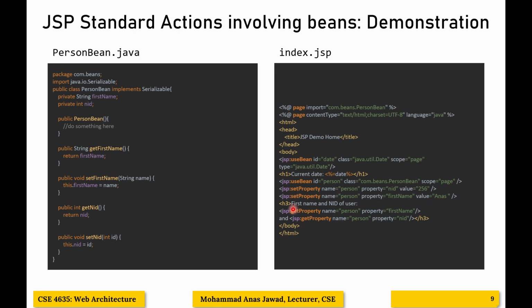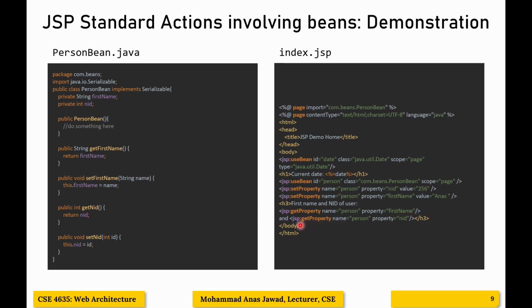Finally, we are using this h3 header tag to print the value of the firstName and NID of this particular user. For that, we are simply using the JSP getProperty action tag. Inside this getProperty action tag, we have defined name equal to person, which signifies that the object whose value we want to get is the person object that we created here, and the property we are trying to get is the firstName property.